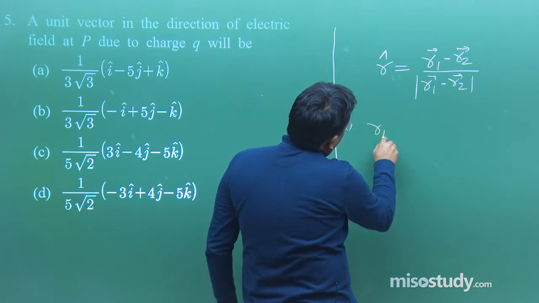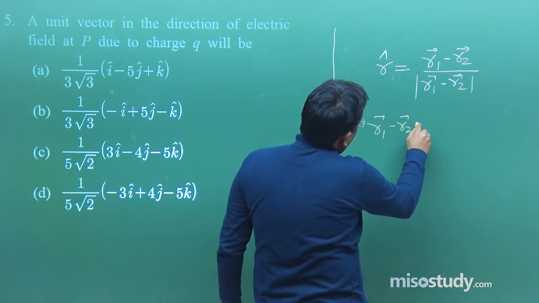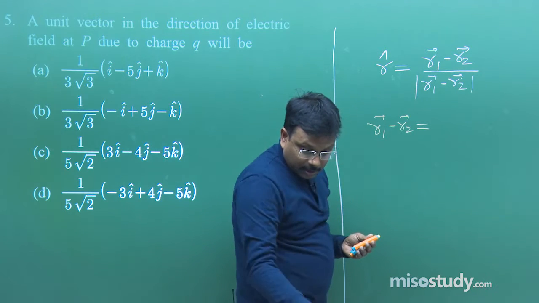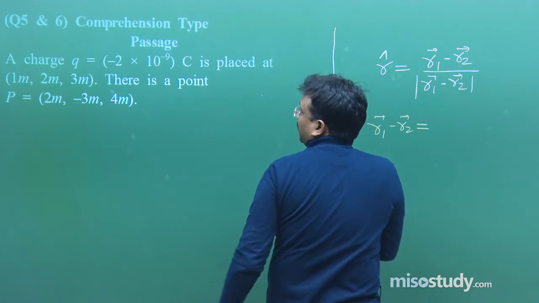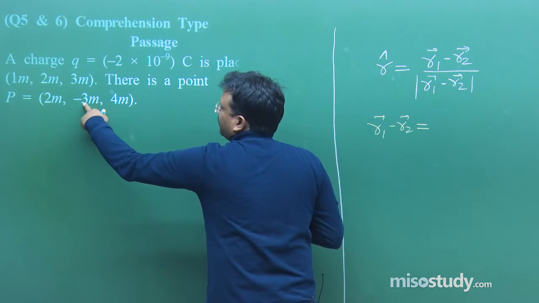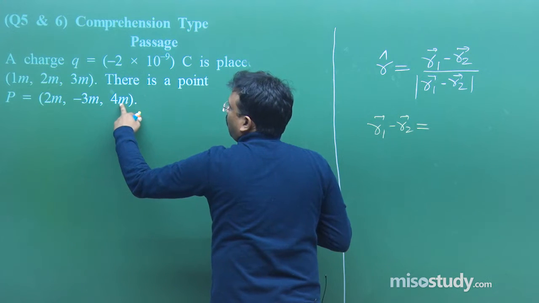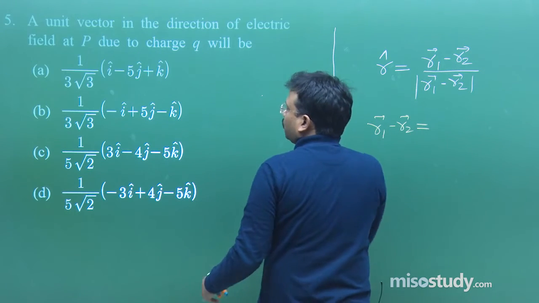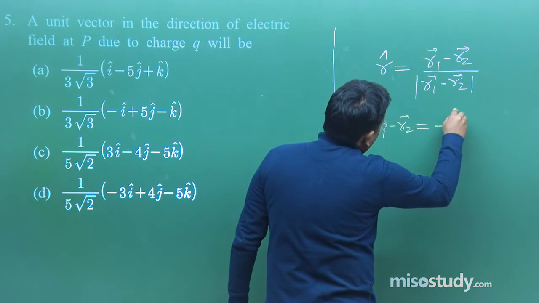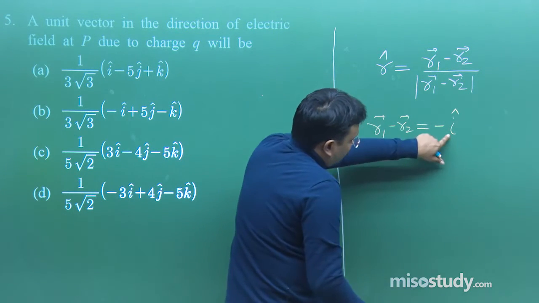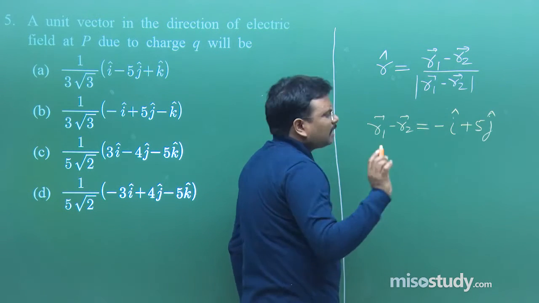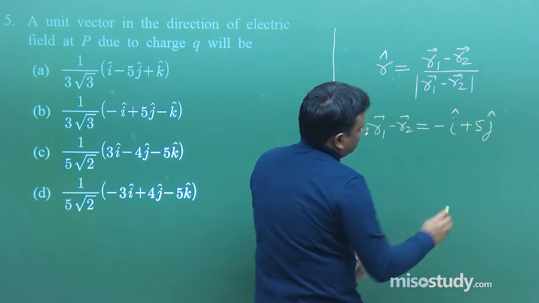So from here R1 minus R2 is equal to, how much is that going to be? The information is on the back slide. So 2 minus 1, minus 3 minus 2, 4 minus 3. So we are doing that. If I solve it, I will get I cap, with the help of those numbers, minus 5 j cap plus k cap. Nothing complicated, I am simply arranging the terms.